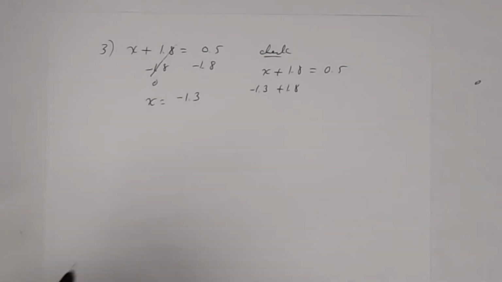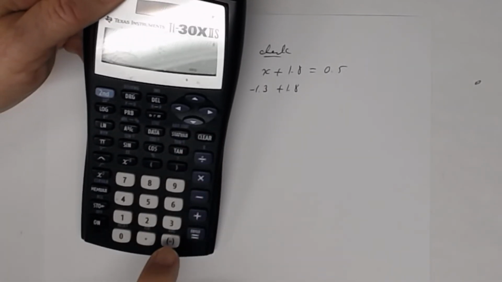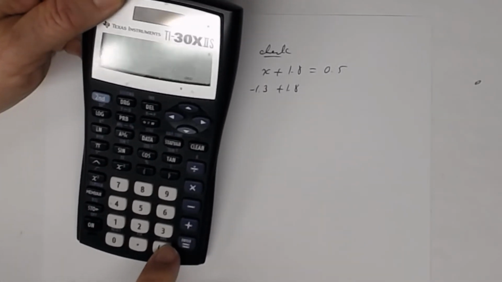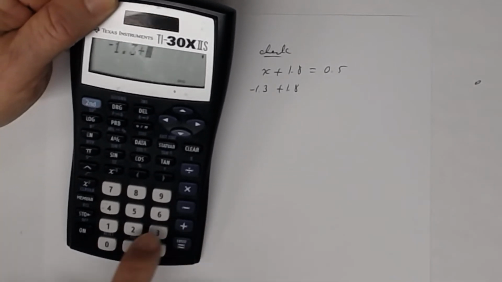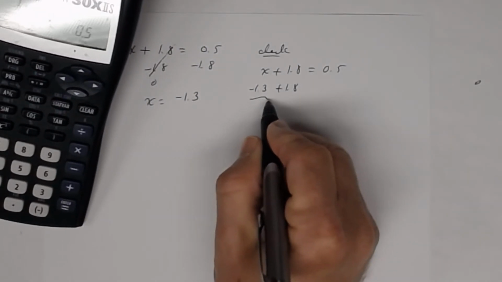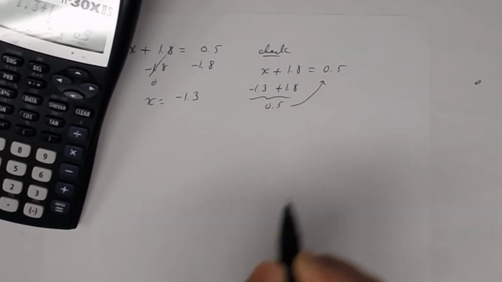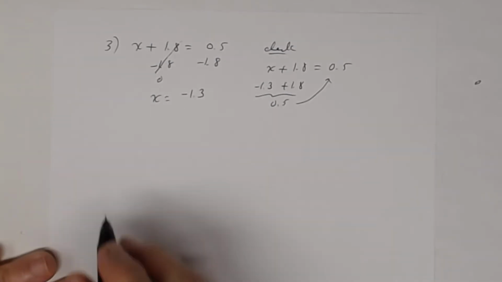Using your calculator, make sure you know where the negative button is on your calculator. Negative 1.3 plus 1.8 gives us 0.5, which is what the other side was. Okay? All right. Let's go to number 4.